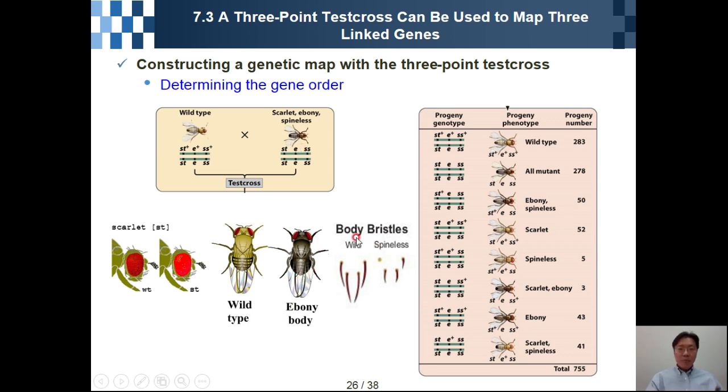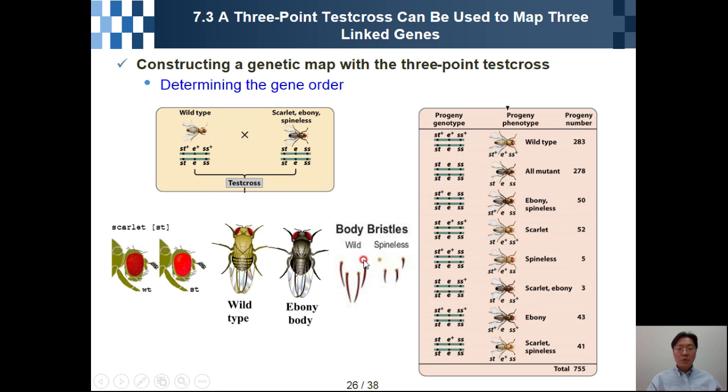And also, how about the body bristles? For example, the fruit fly has bristles, body hair. This is the wild type bristle, which looks like this, and this is the spineless. It means very small.